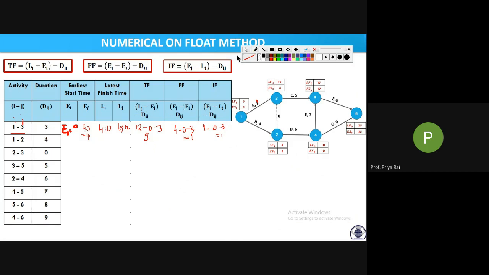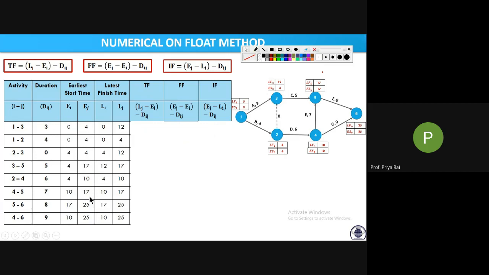First we will write down this EI, LI and so on. See for 1 to 2, E1 is 0, L1 is also 0. E2 is 4, L2 is 4.